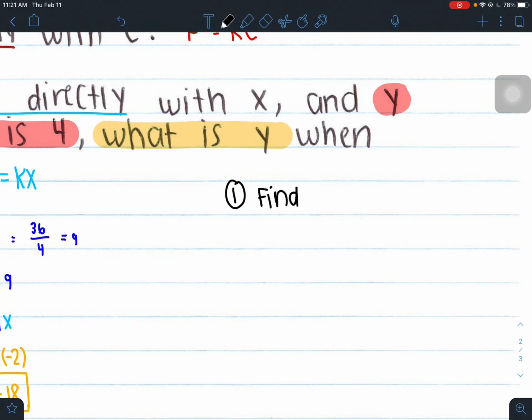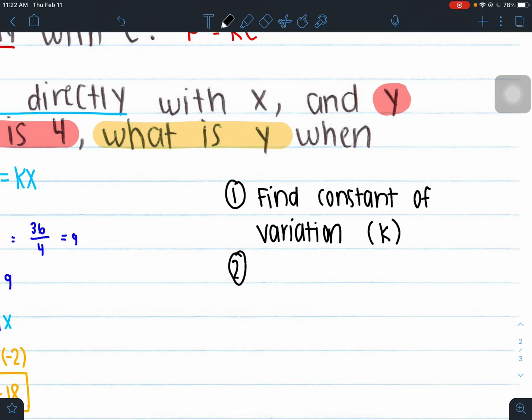Find the K value, so find the constant of variation. Step 2, write the direct variation equation.